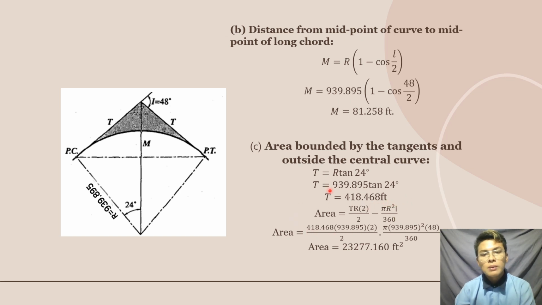So we get now the area using the formula TR times 2 divided by 2 minus pi r squared times I divided by 360. Substituting all the given values, we have the area is equal to 23277.160 feet squared.